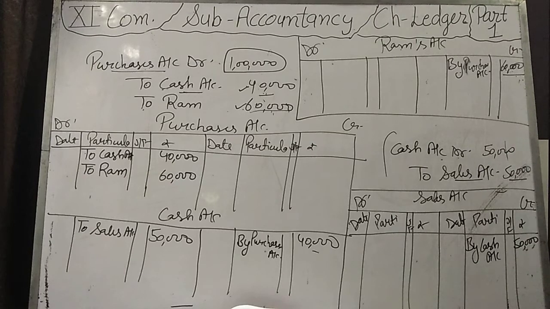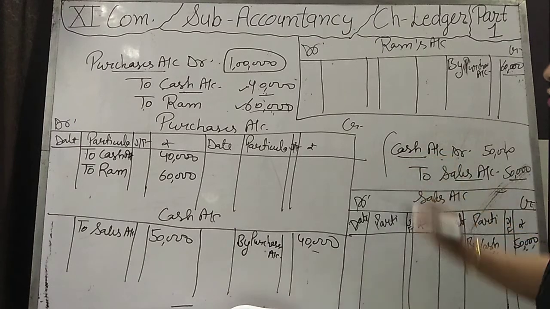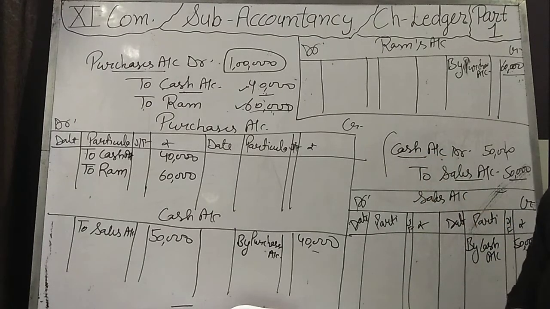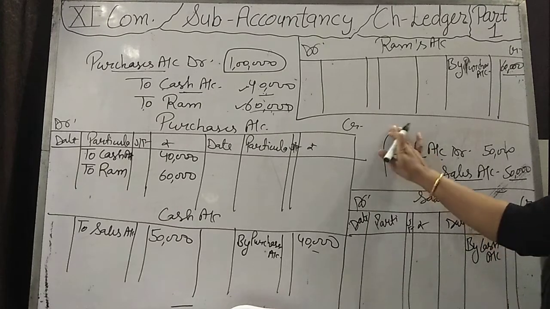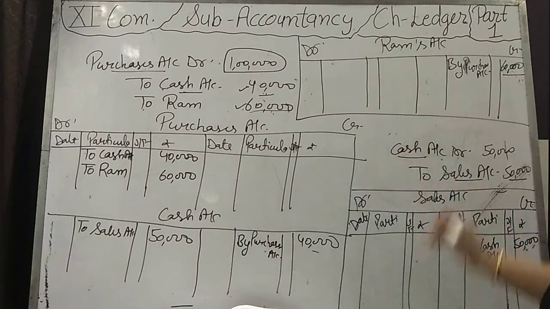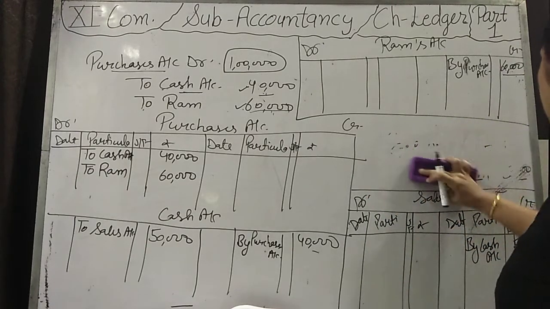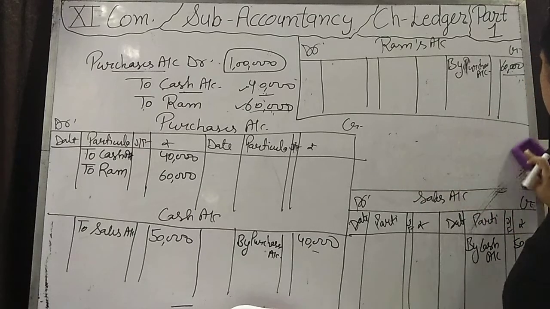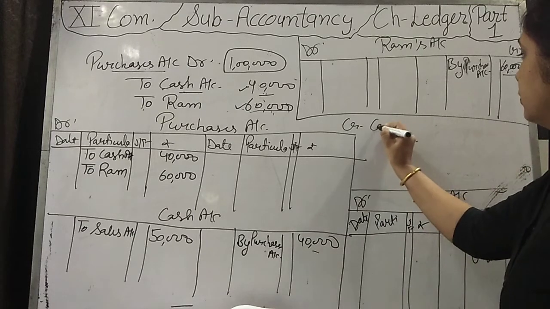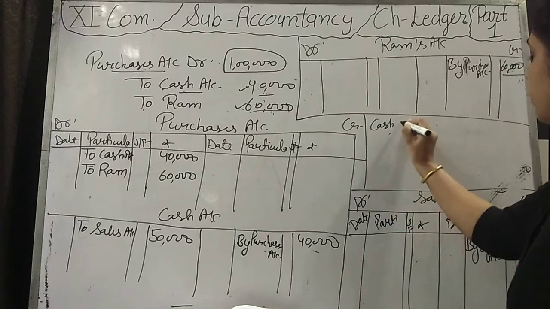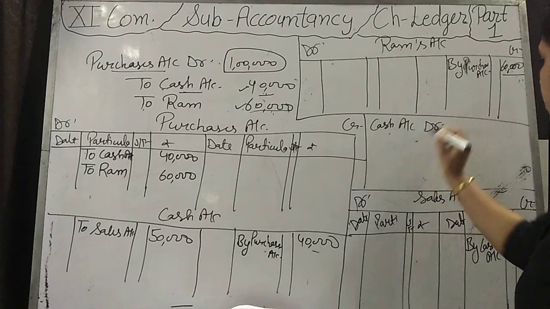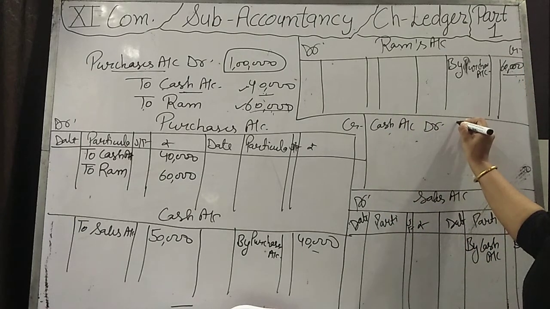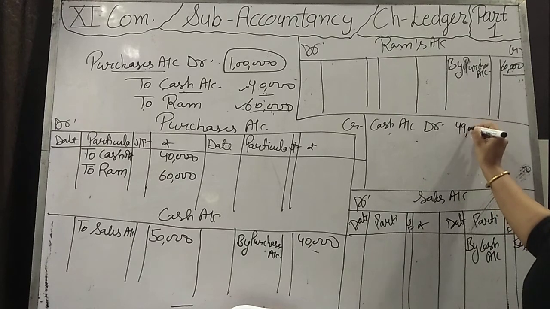Fine. If we are selling the goods on cash discount, then which journal entry will be here? Cash account debit $49,000.